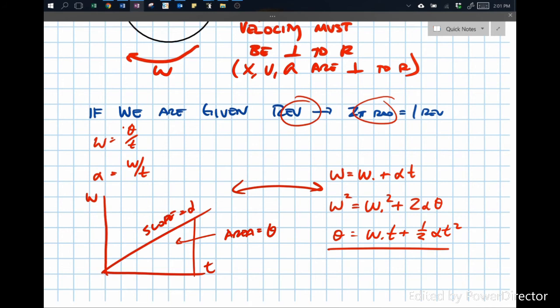The other thing that we talked about a lot was moments of inertia.